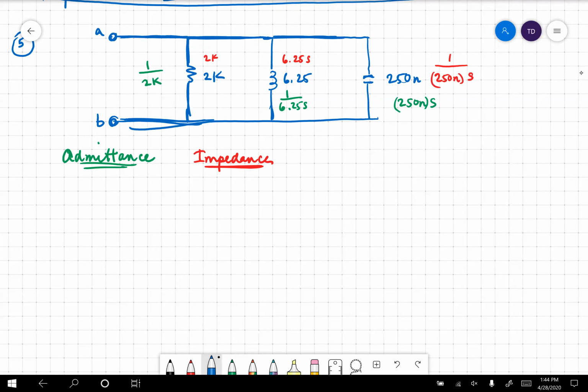So what we're looking for in this problem is this, ZAB. And this is what I'm going to solve for. Right now, first thing I'm going to solve for is YAB. And the reason is because YAB is 1 over 2K plus, remember, admittances add when they're in parallel. That's the beauty.